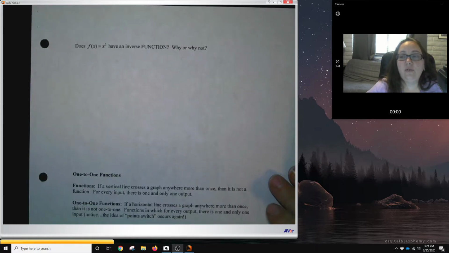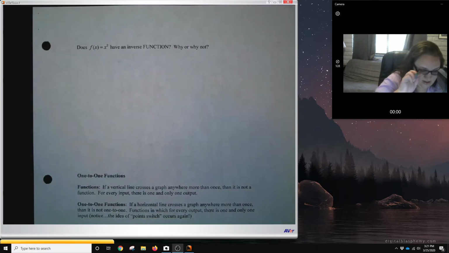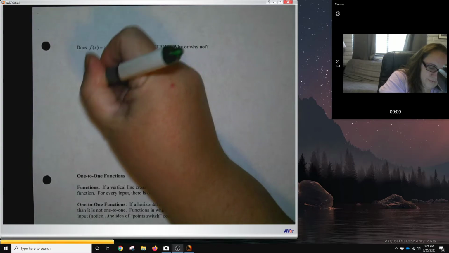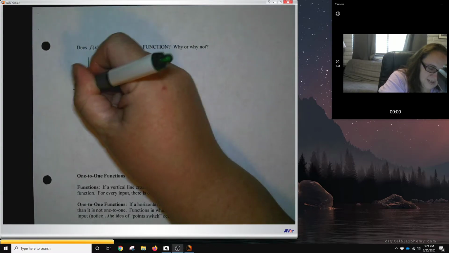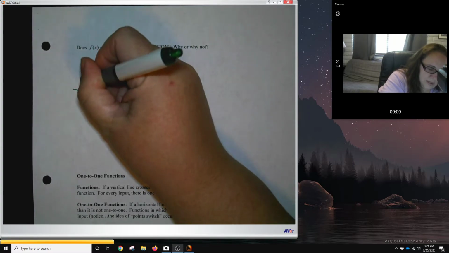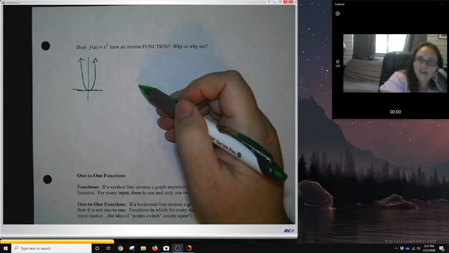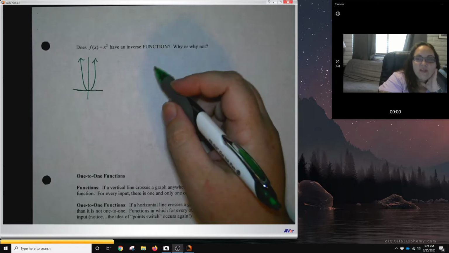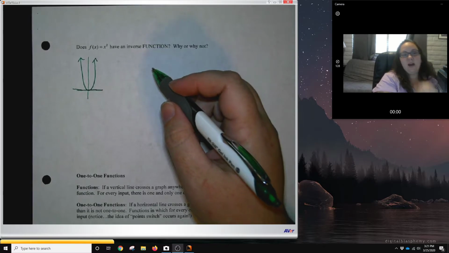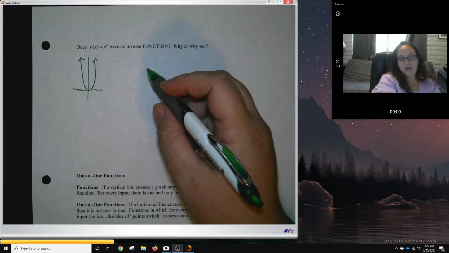Okay, so having said that, let's talk about y equals x squared. Y equals x squared, our good old friend, the parabola. Does this have an inverse function? Well, one of the things that we said was that inverses, the graphs are a reflection of each other over the line y equals x.